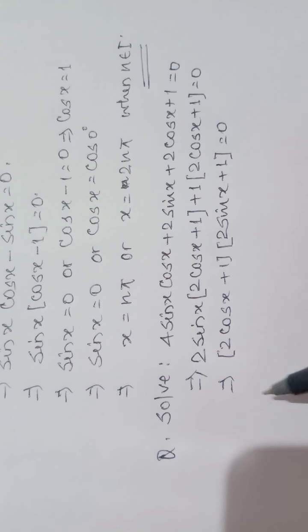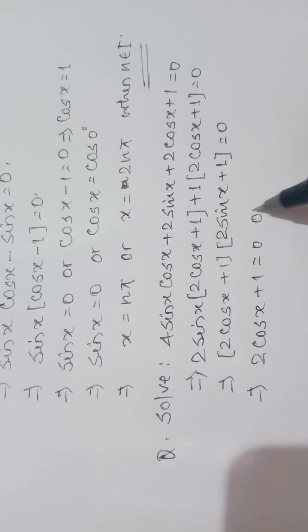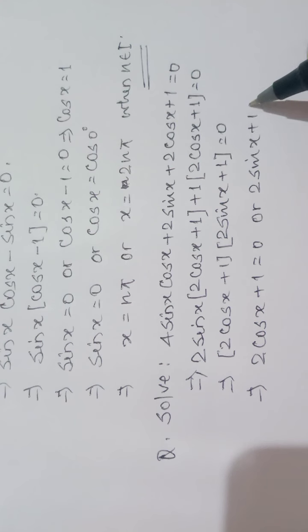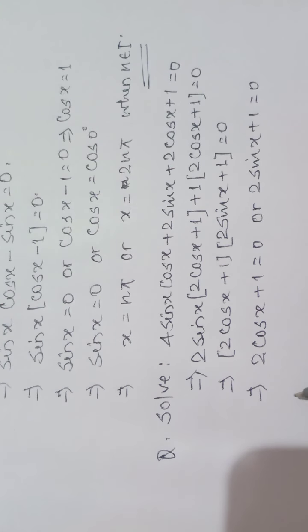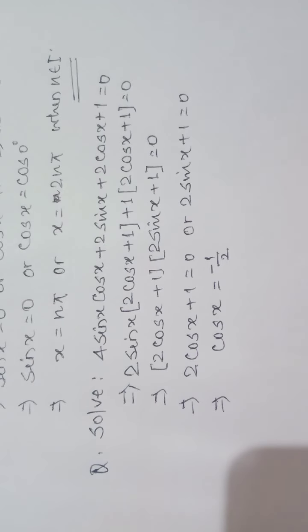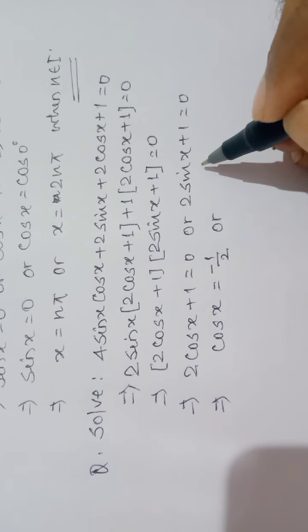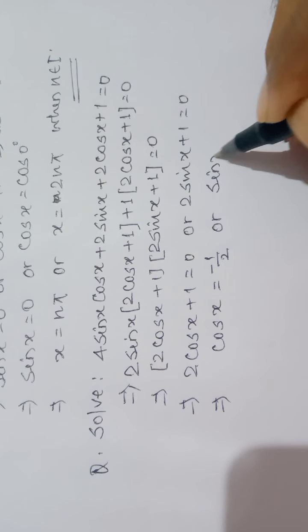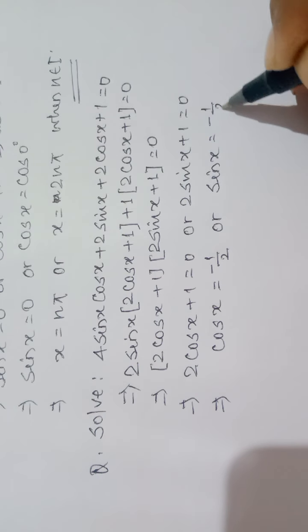It means either 2 cos x plus 1 equal to 0 or 2 sin x plus 1 equal to 0. 2 cos x plus 1 equal to 0 means cos x is equal to minus 1 upon 2, or 2 sin x plus 1 equal to 0 means sin x is equal to minus 1 by 2.